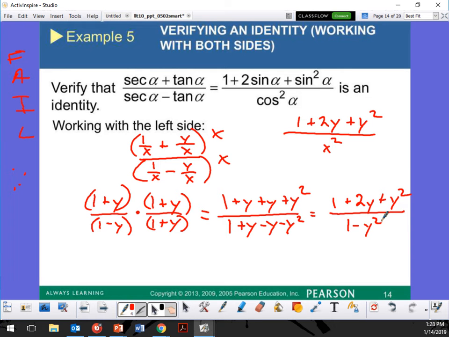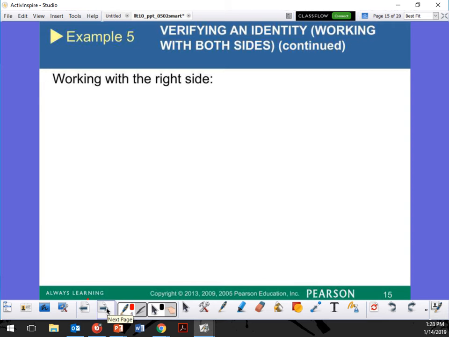Yep, because of the Pythagorean identity that we've been dealing with. I'll show you again: x squared plus y squared equals 1. If I subtract y squared from both sides, I get x squared is equal to 1 minus y squared. Okay?